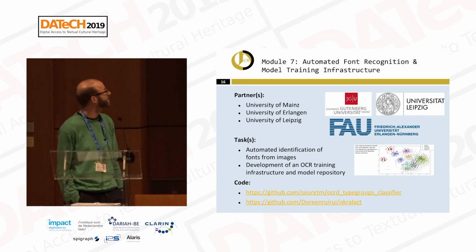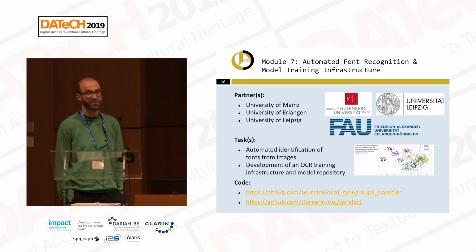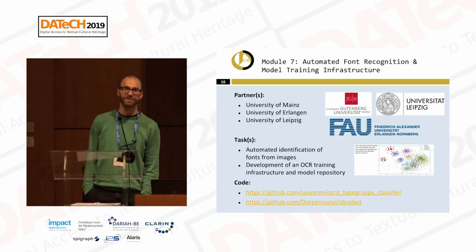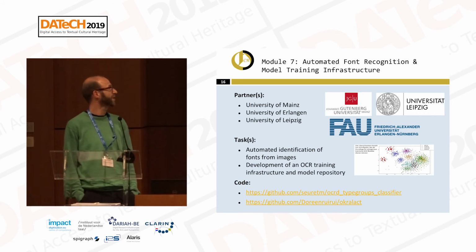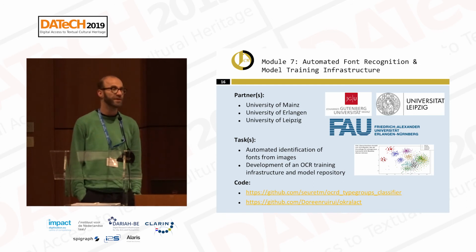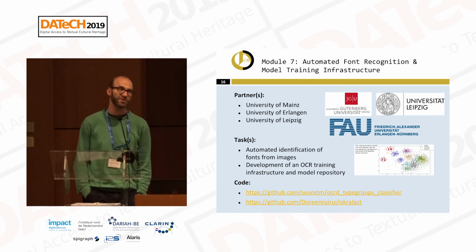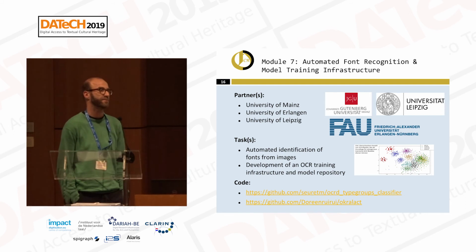So this is a collaboration between universities of Mainz, Erlangen, and Leipzig. And there is a group of book historians that collaborate with a machine learning expert in Erlangen University to develop a system for script identification.